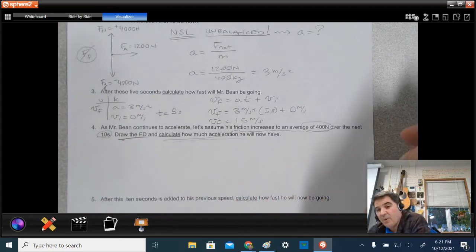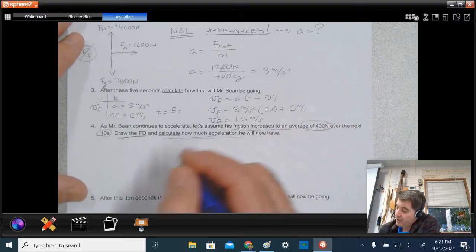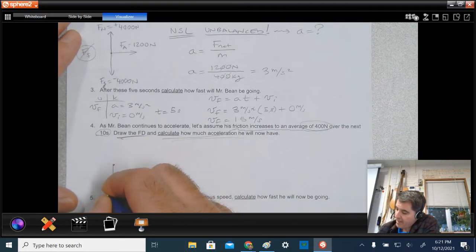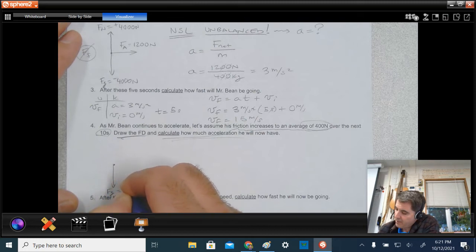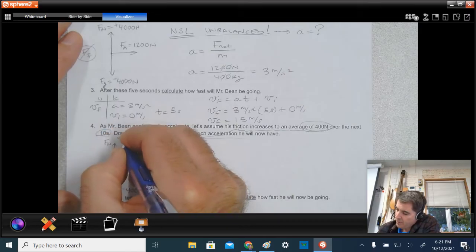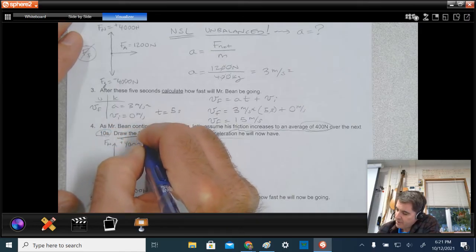Now, do I need to ask you whether this is Newton's first law or Newton's second law? Maybe it's a good question. All right, so same thing. Weight hasn't changed. Fg is equal to negative 4,000 newtons. Fn is equal to a positive 4,000 newtons.